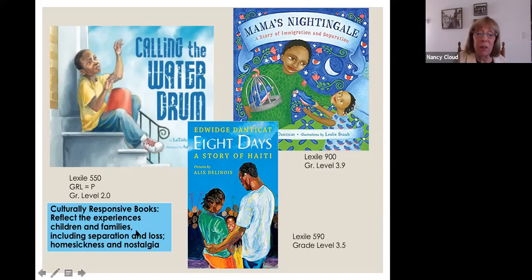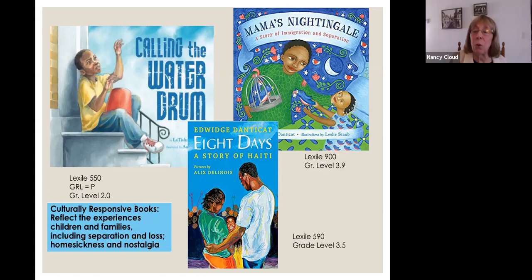They had a lot of nostalgia when we would go on field trips and get out in the country outside of San Francisco. That was a flood of talk because they were finally in the countryside, and they missed that. They missed rural environments, living in the city, in the concrete jungle. So these types of books allow kids to reflect on experiences that they're going through or that they've gone through. And so these are really important stories for us to be reading.